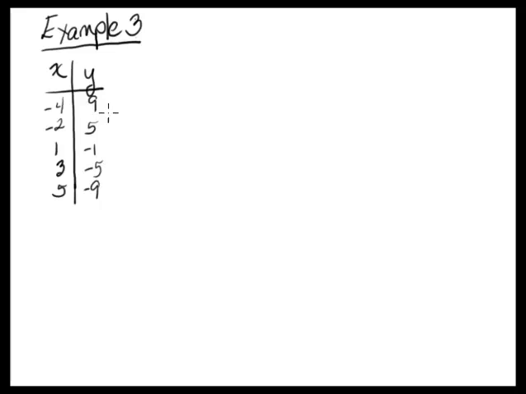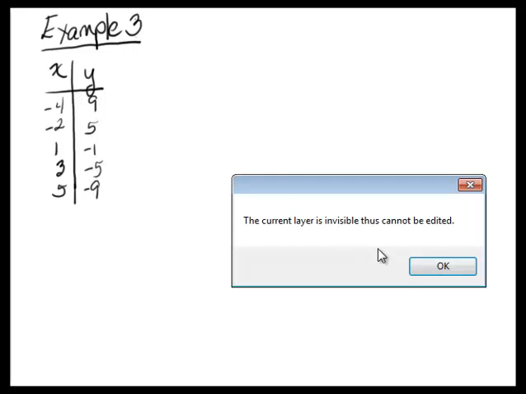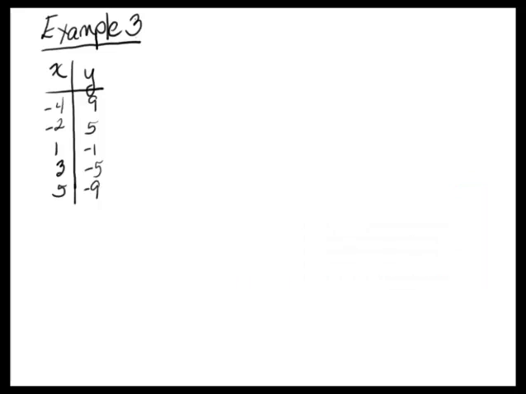Let's look at one more example. Again, we have to find this rule, and we have to find our b value as well. So here we're going to say from 9 to 5, that's negative 4, and negative 4 to 2 is plus 2. I'm going to go ahead and skip down to 5 to negative 9, where I subtract 14 to go from 5 to negative 9, and I add 7 to go from negative 2 to 5.